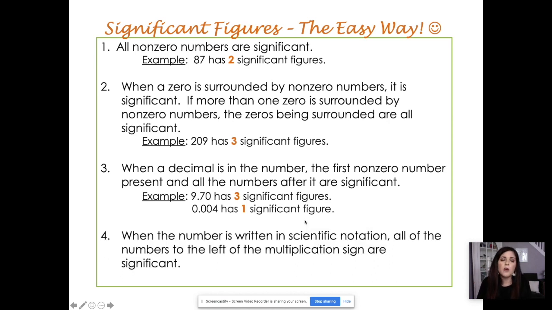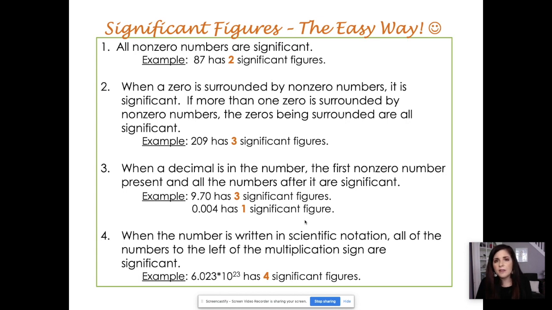Last rule. When a number is written in scientific notation, all of the numbers to the left of the multiplication sign are significant. So here's a value right here, 6.023 times 10 to the 23rd. You're going to get very comfortable, hopefully, with this number later on in the year.